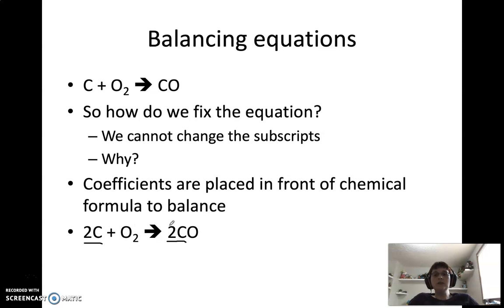And then this 2 is also going to multiply anything in the chemical formula after it. So it also says that we have 2 oxygens. So this is going to now be balanced. In our next lecture, we're going to walk through how to balance equations. If you've not done this before, or it's been a long time, I'm going to walk you through how to balance equations, and we're going to do some practice ones.